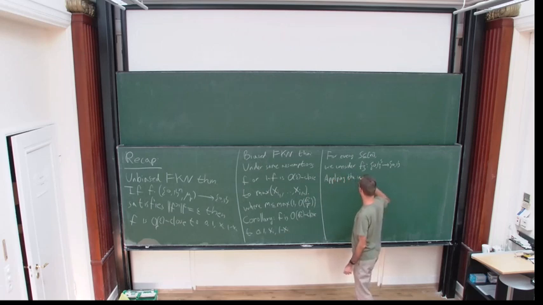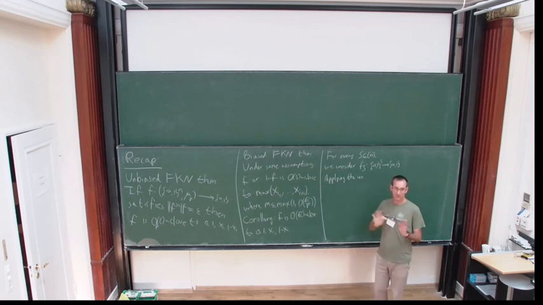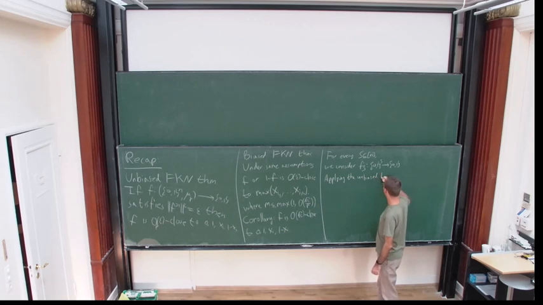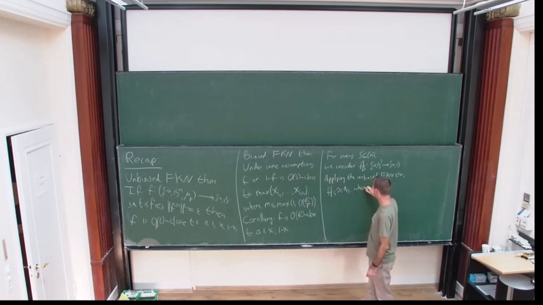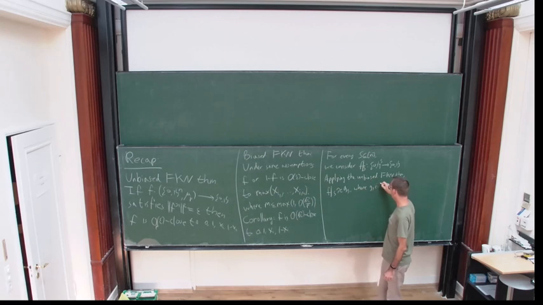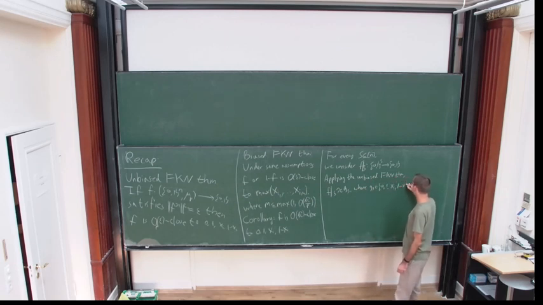It's actually absolutely close to degree 1. Now we apply the unbiased FKN theorem for p equal to a half and approximate the restriction of f to s by an honest-to-God constant or dictator function g_s. This is just an application of the standard FKN theorem.